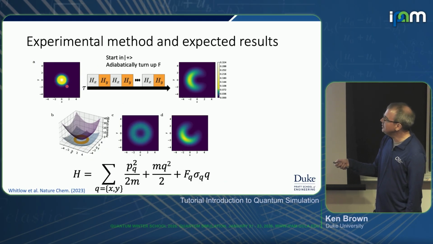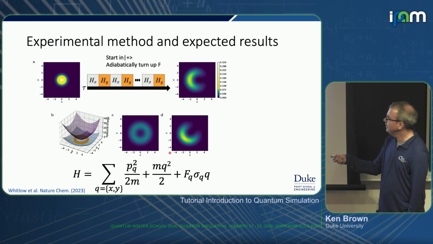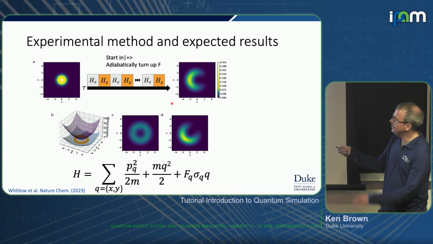We basically start in these. This is the x and y position of 2 oscillators. So it's just a circle, quantum state. We then slowly ramp up these forces, and after we adiabatically ramp it up, these are all calculations, it should form this nice C shape.